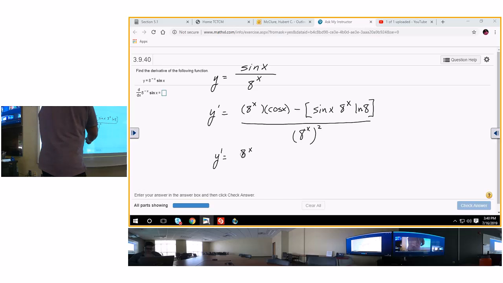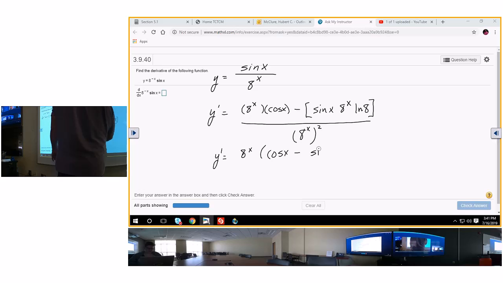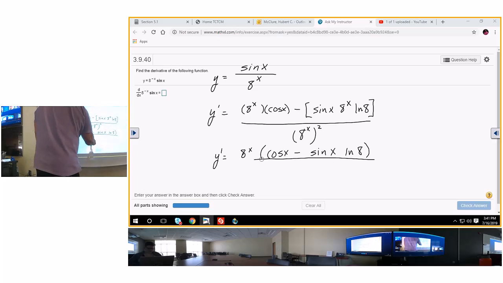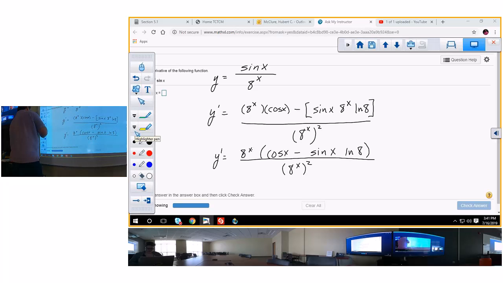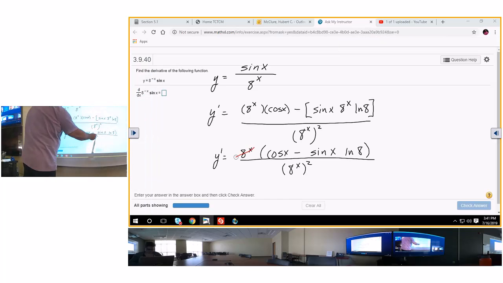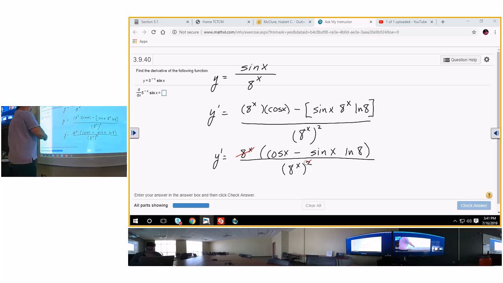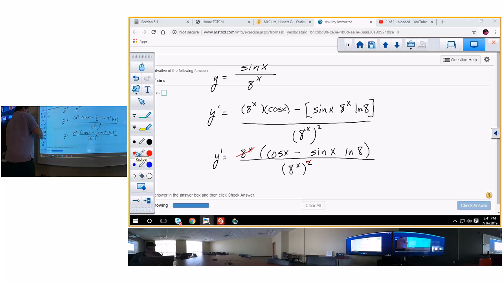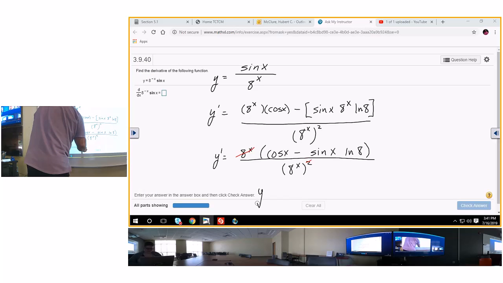And that's going to leave cosine of x minus sine of x natural log of 8 over 8 to the x raised to the second power. But that right here cancels with this one and makes 8 to the x. And that's what I was telling you to look for. There's our final. It's a whole lot easier to do it this way.